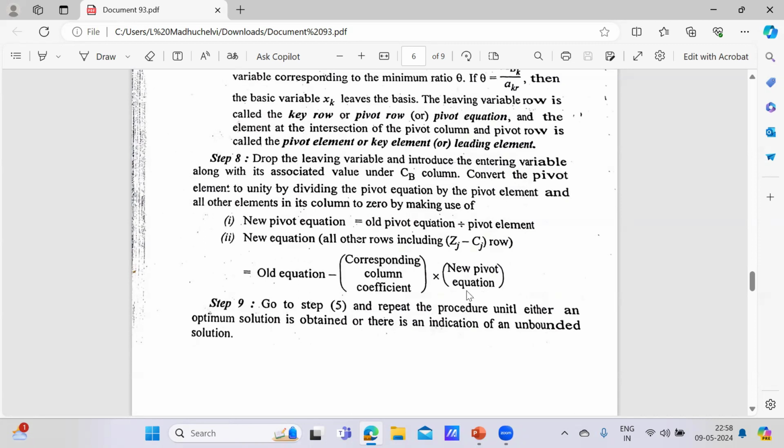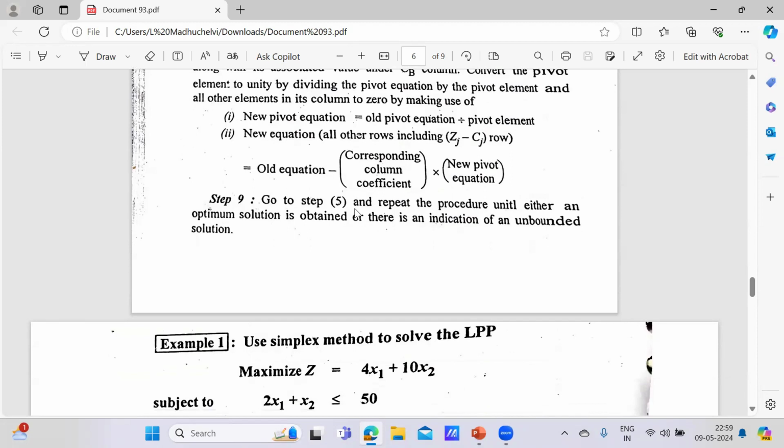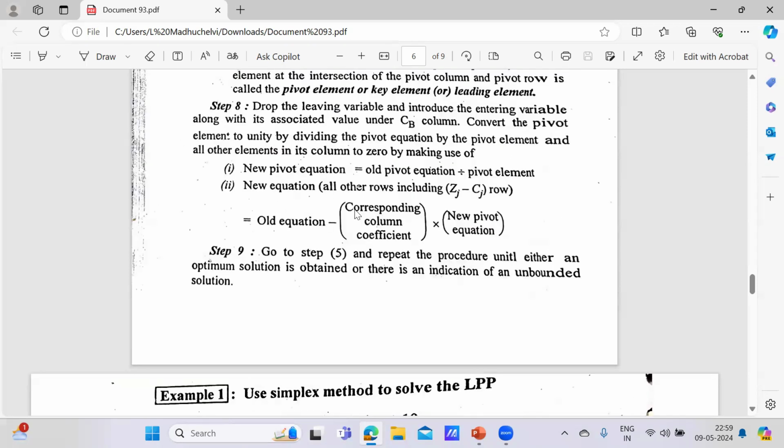Using this method, we find all the new rows, and new iteration table 1 is constructed. Step 9, go to step 5 and repeat the procedure.